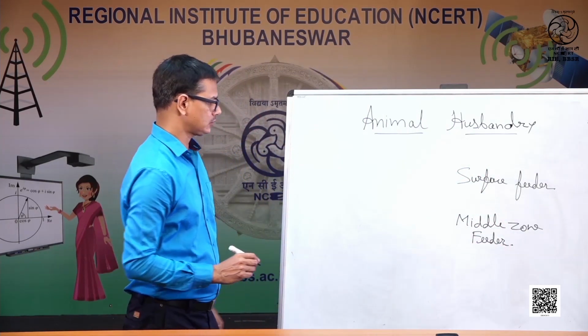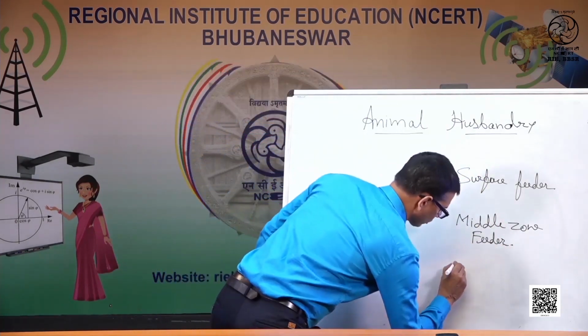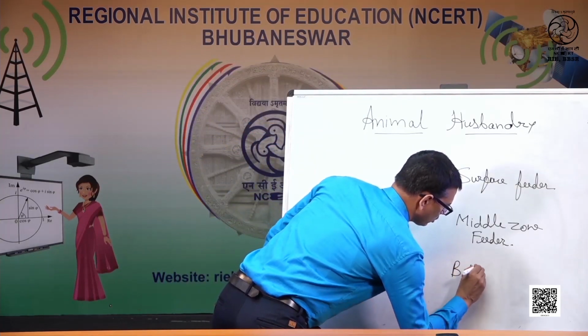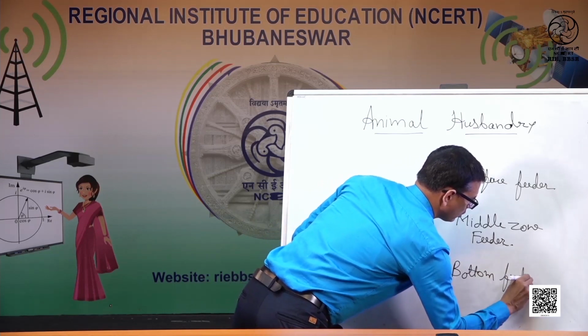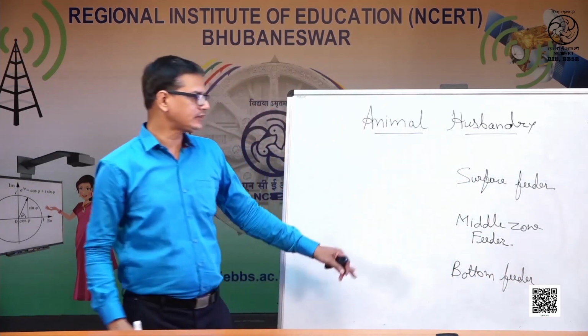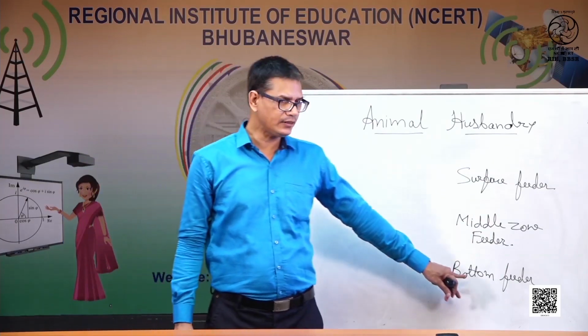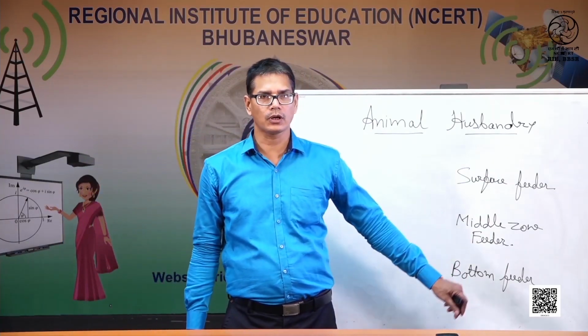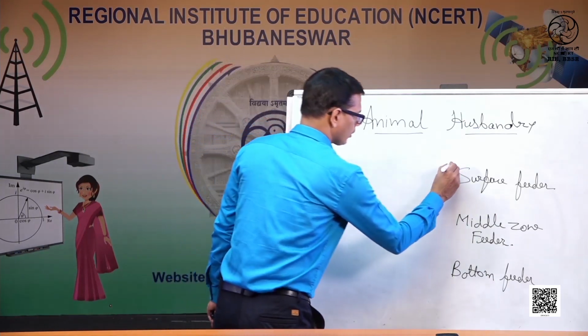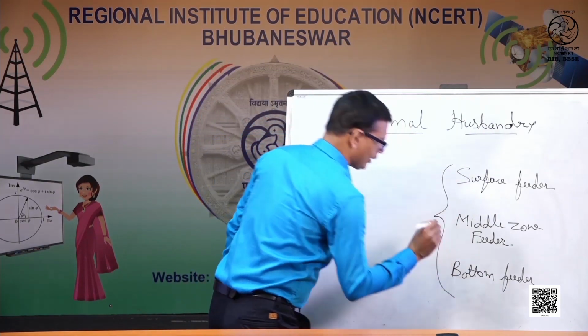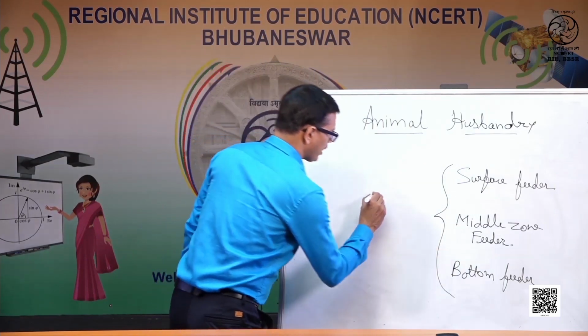And next, bottom feeder. That means this type of fish obtain their food from the bottom part of the pond. And also this pond is in a paddy field.